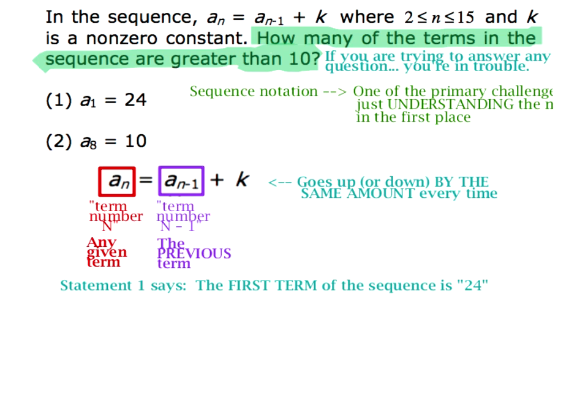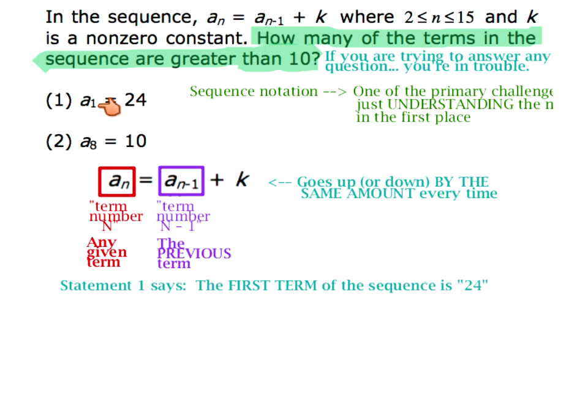By the way, how many terms are in the sequence in the first place? Let's talk about that. How many terms are there? Not 14, actually 15. You have to define n all the way from 1 to 15 for this to make sense, because the definition says 2 through 15. But notice, if n is 2, then you need to have the second term and a first term.